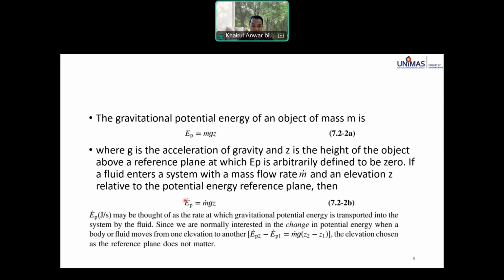Similarly, this is referred to as rate per second. So EP may be thought of as the rate at which gravitational potential energy is transported into the system by the fluid.